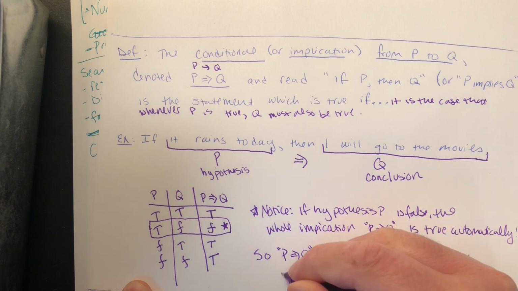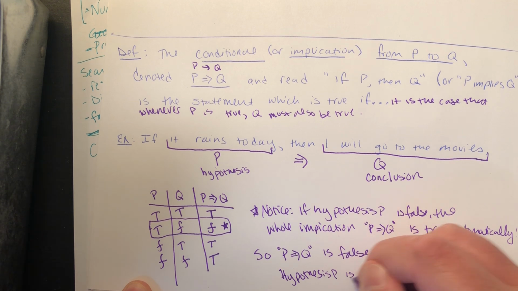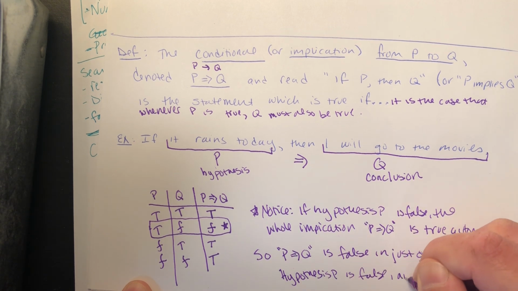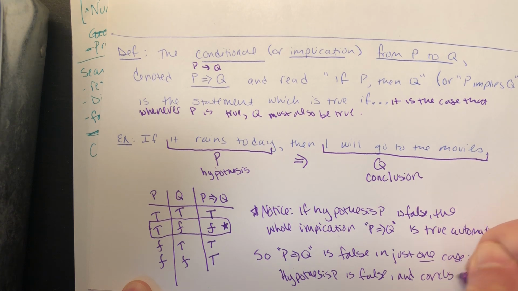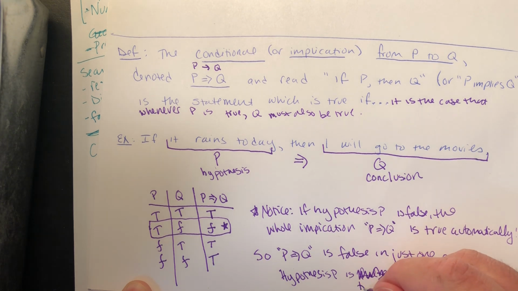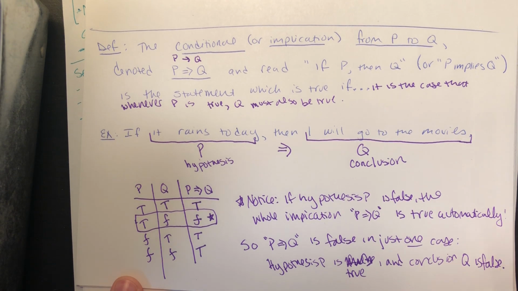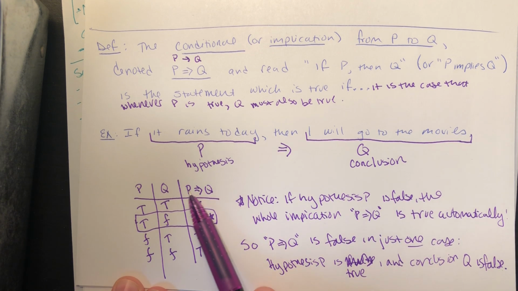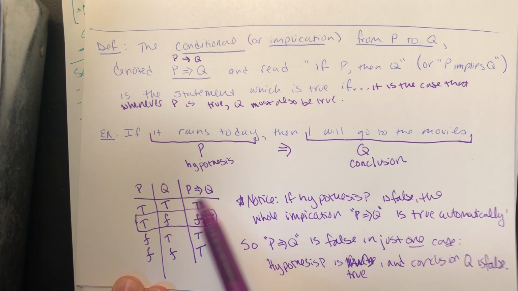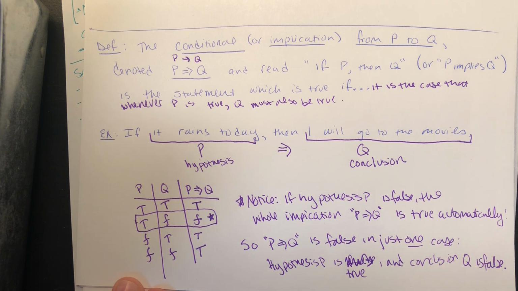And that's the case where the hypothesis P is true and when the conclusion Q is false. Sorry, I read this wrong. Right, so this is a good thing to remember when you start filling in truth tables for more complicated statements. An implication is only false when the first part, the hypothesis, is true, but the second part, the conclusion, is false. Otherwise, the entire statement is going to be automatically true.